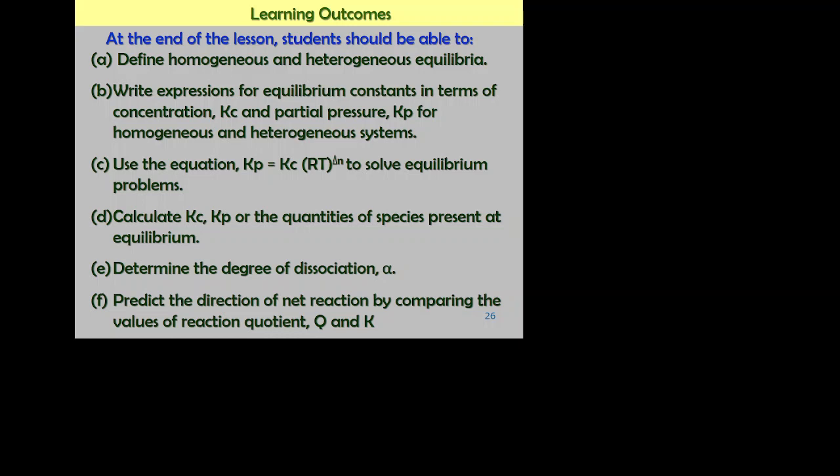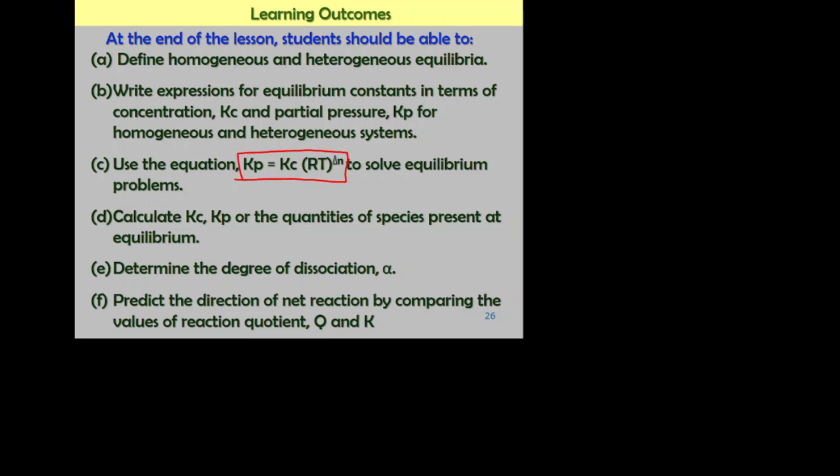So now tadi kita tengok is only liquid or only gas, but now kita tengok in a system where they also have gases in conjunction with liquid. Okay, kita kan tengok the Kp and Kc macam mana dia boleh relate to each other.